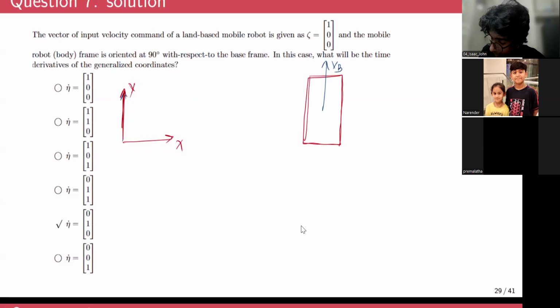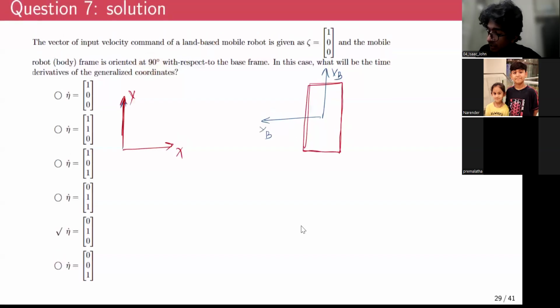XB is rotated 90 degrees from this x-axis, so XB would be like this. And when YB is rotated 90 degrees, it will be in this direction. I hope you are following until now. Is that fine? Yes, sir.